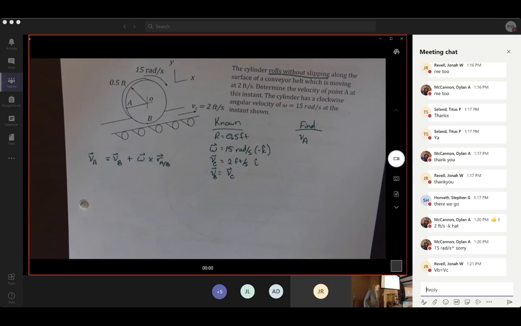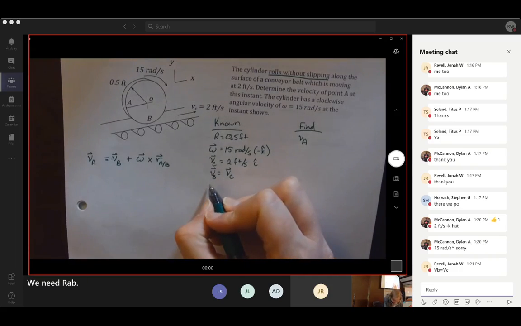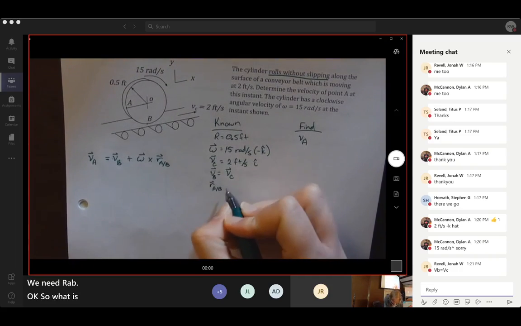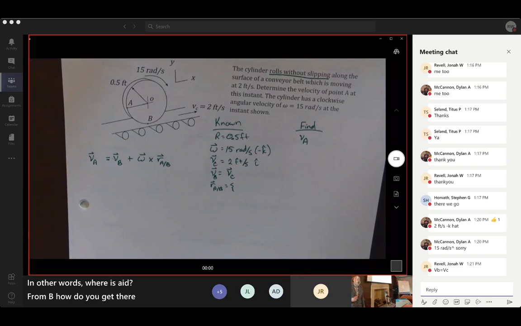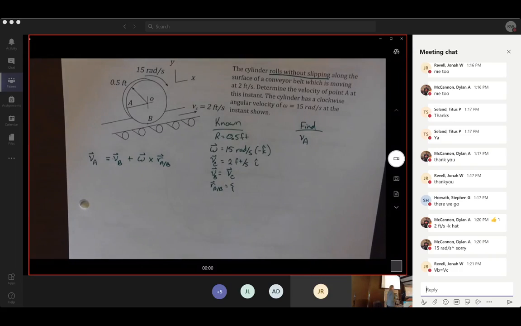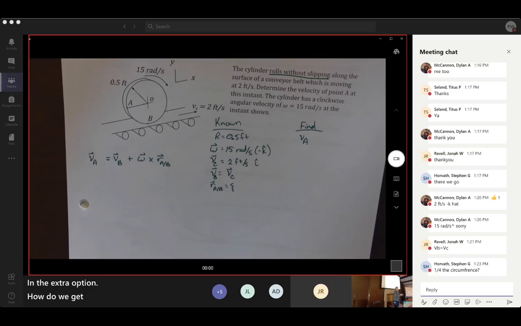We need R_AB? Okay, so what is A with respect to B? In other words, where is A from B? How do you get there? In the x direction, how do we get from B to A? Negative 1 radius. And then in the y direction, we need to go up 1 radius.